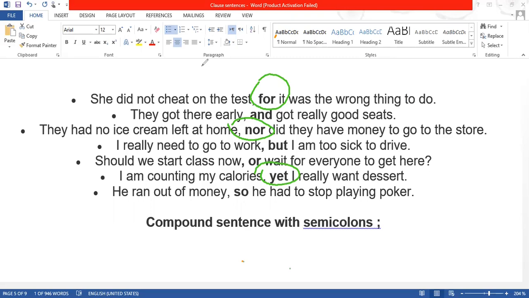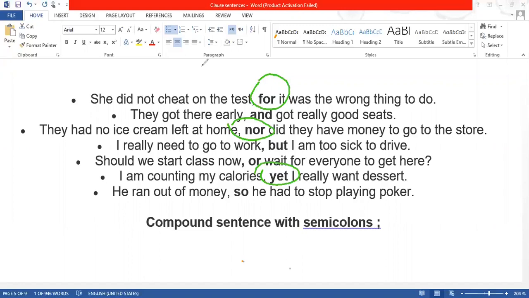You have been using them in your daily life all the time. But I am sure that you have not used yet, for and nor in your conversation. So you go and make different types of sentences like this.